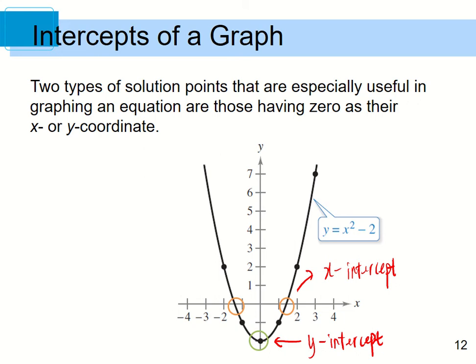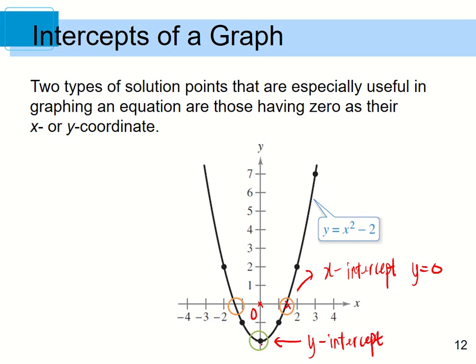Now, when the graph crosses the x-axis, what is the value of y? The value of y is here, so the value of y is 0. So we know that for the x-intercept, the y should be 0.